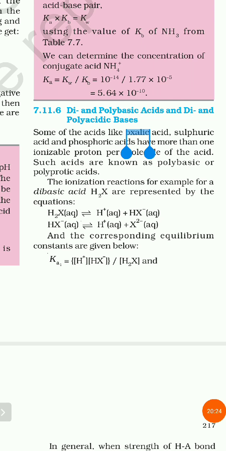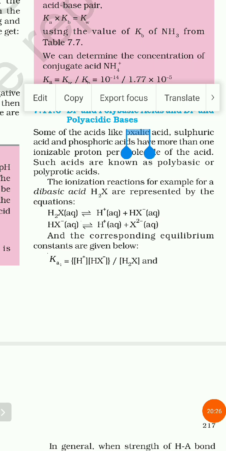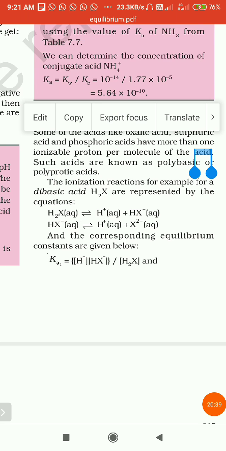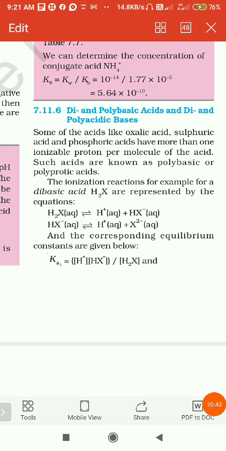Just look at an example. Oxalic acid, sulfuric acid and phosphoric acid have more than one ionizable proton per molecule of the acid. If you take oxalic acid, what is the formula? Anybody have an idea? COOH-COOH, with a single bond between them.